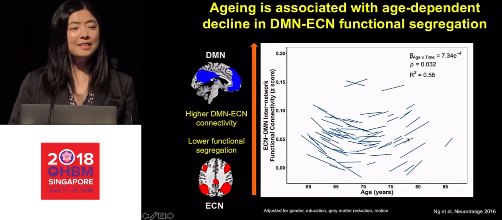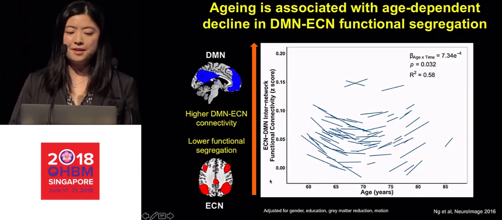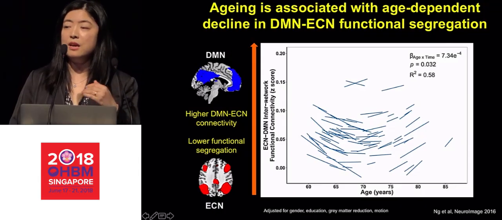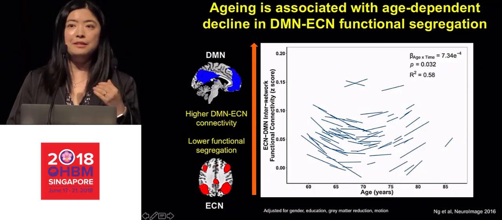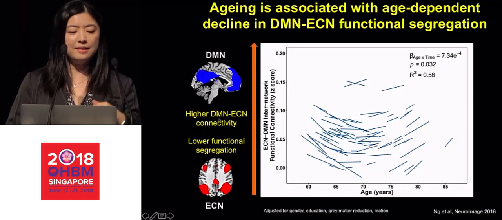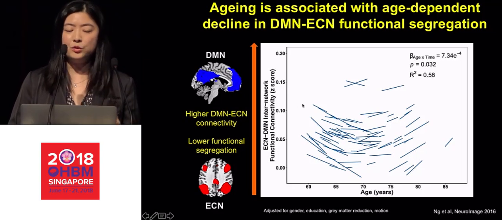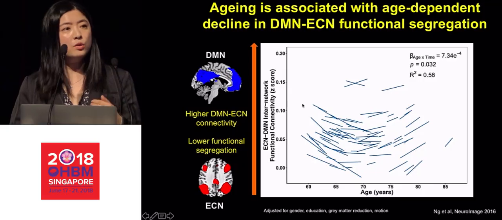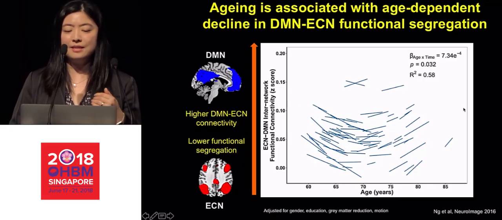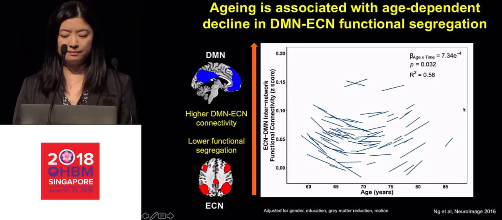When we look at the inter-network functional connectivity, the y-axis here represents the connectivity between the executive control and default mode network. Higher connectivity here represents lower functional segregation between the two networks. As you can see, aging is associated with age-dependent decline in the functional segregation between the two networks.